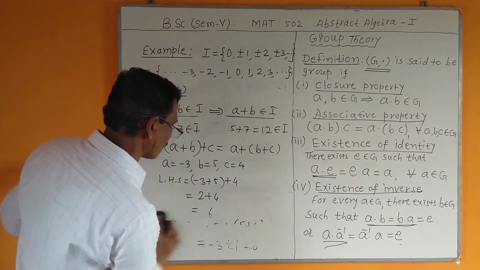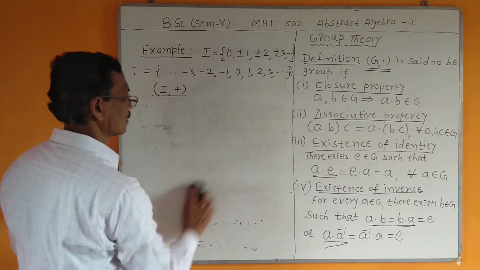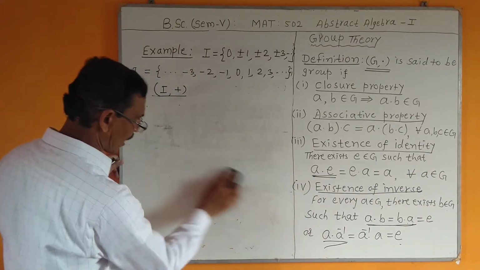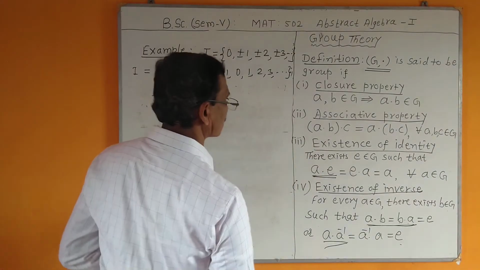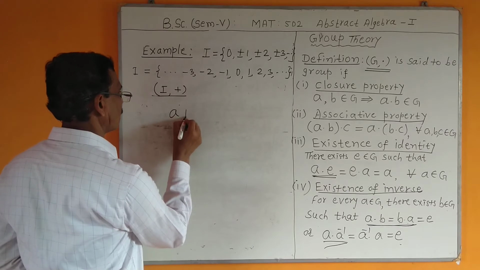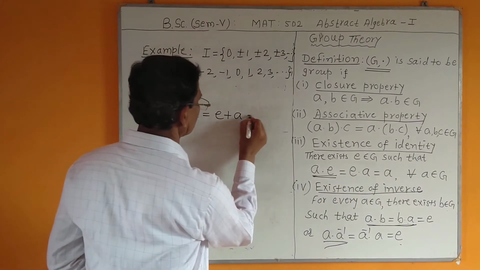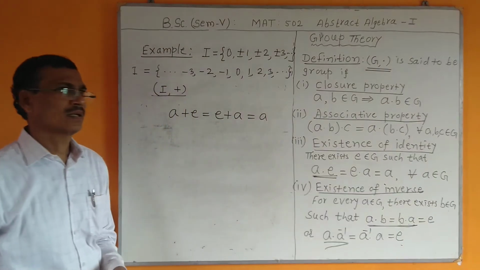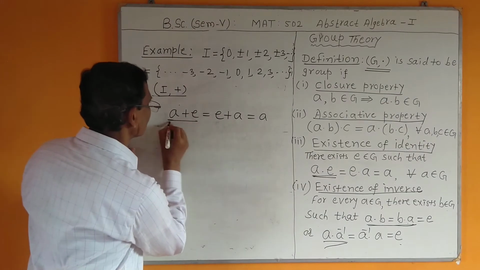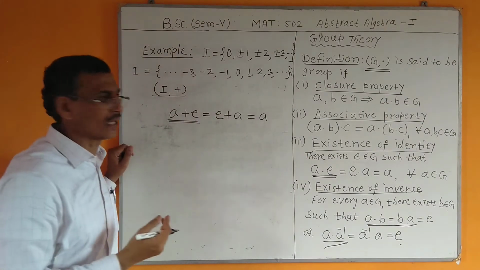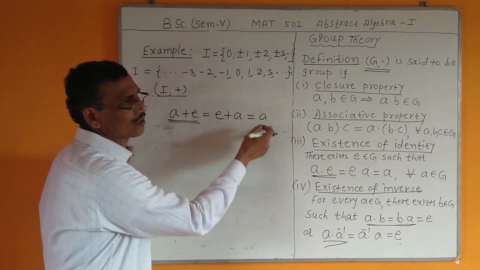Now we come to the third condition, that is the existence of the identity element. We have to obtain the identity element. This condition becomes a + e = e + a = a. Can you tell me for which value of e this holds? Which integer added to a gives a?